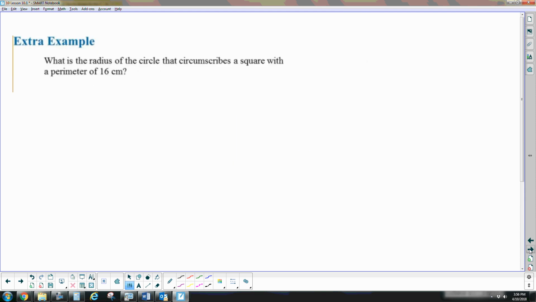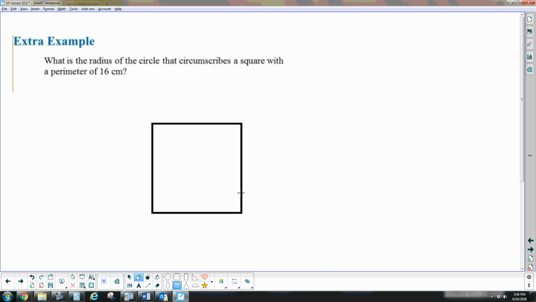All right, let's look at one more example. So in this example, we're looking for the radius of a circle that circumscribes a square that has a perimeter of 16 centimeters. So here's our square. In a square, we know that all sides are congruent.